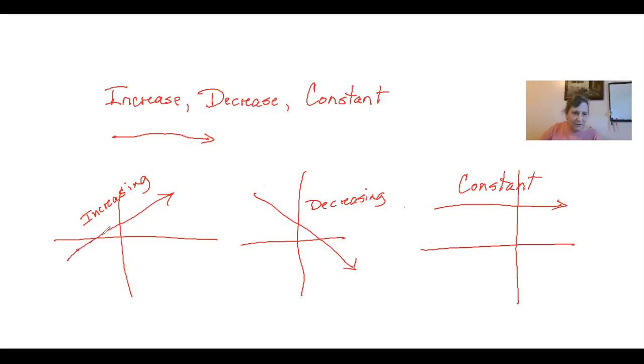Whatever our x values are here, as our x's get bigger, our y's get bigger. As we look at these points, as our x's get bigger, the y's get smaller. And here, as the x's get bigger, the y's don't change at all.